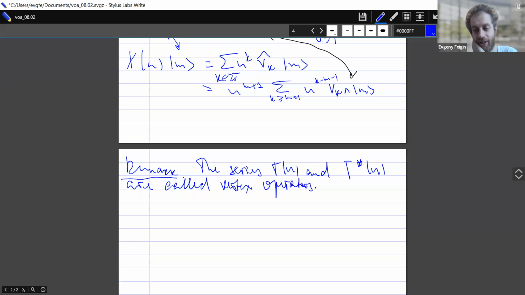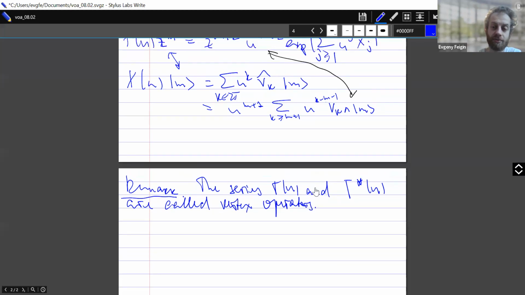And these are actually more or less the first examples of vertex operators. Well, we are going to define more complicated objects consisting of many operators, but at least you can feel the flavor of series with coefficients being operators acting somewhere.